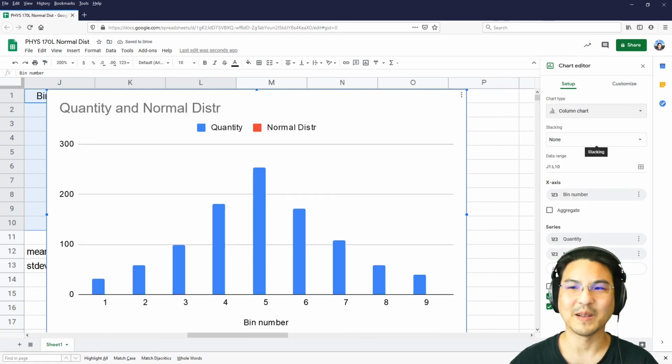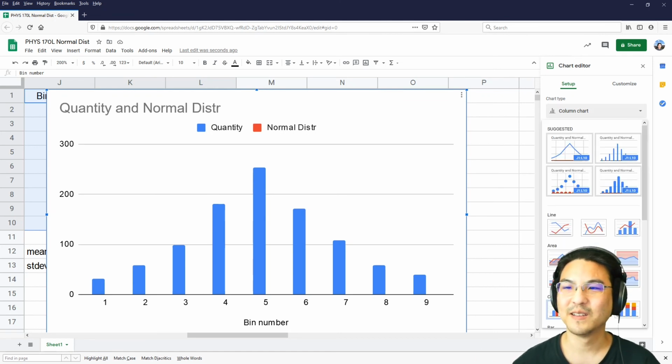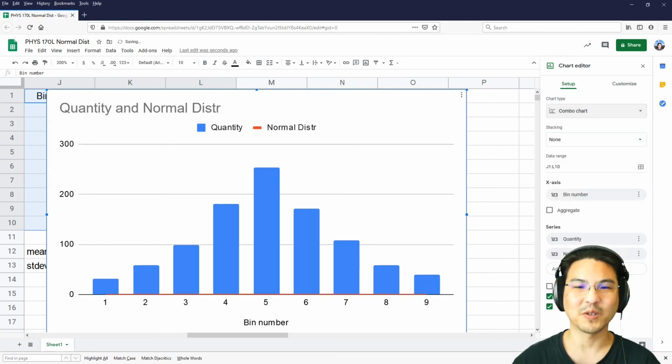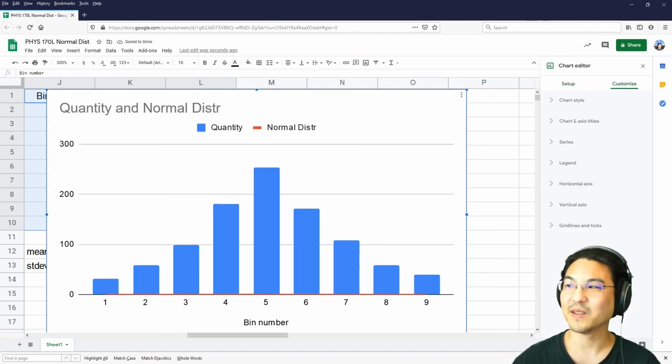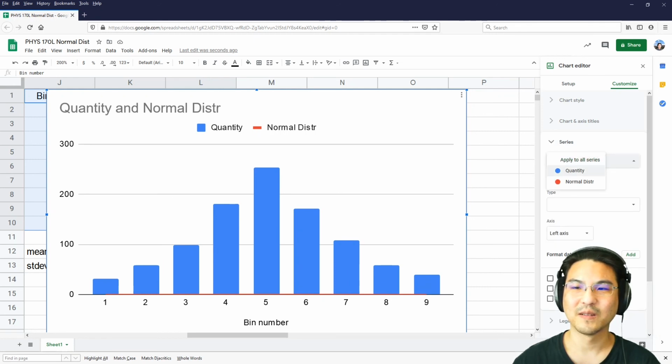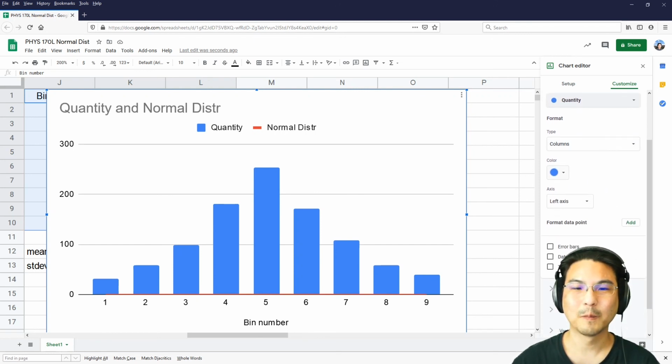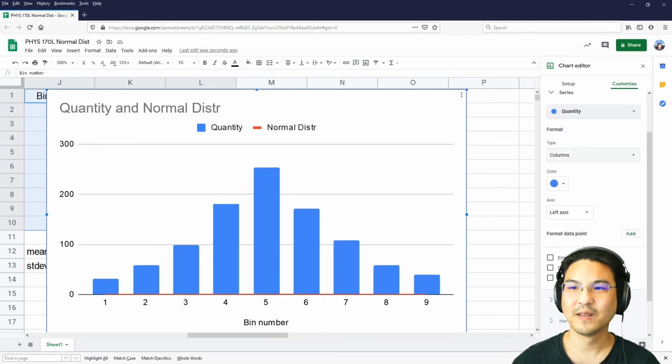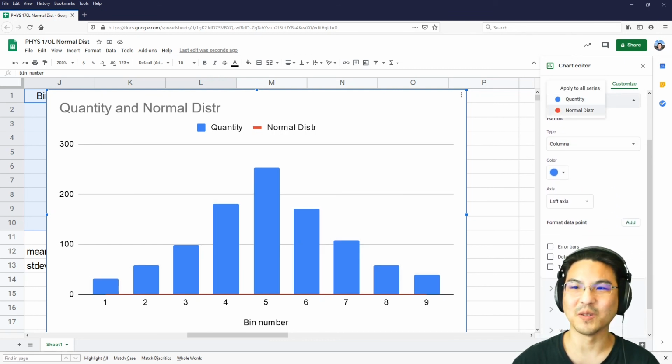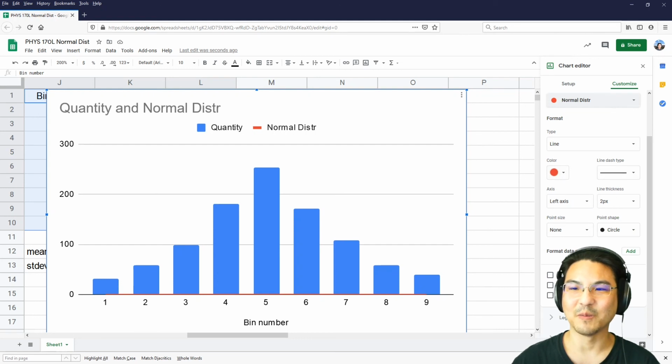I think I would like to see the actual data as bars, as columns, and then the normal distribution as a curve. So I'm going to click on combo chart, and then we go to customize, and then see under series for the quantity is what I called my actual data. I could just rename that to data. So I have columns. So that's it right here.